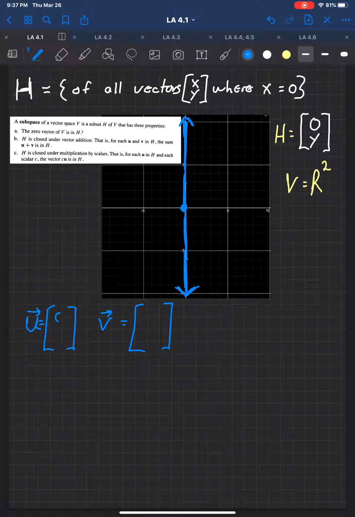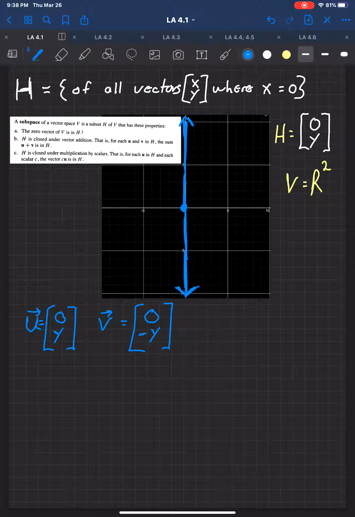Well, we have no options with x because x has to be 0. However, what are the options for y? You could have a positive y. You could have a negative y. You could also have a 0 for y, but we've already shown that meets our requirement that the 0 vector is in H.